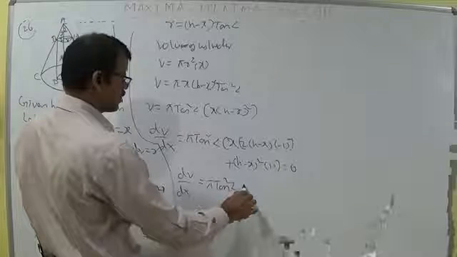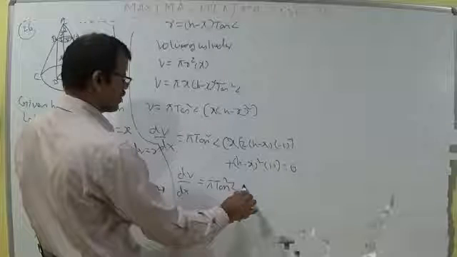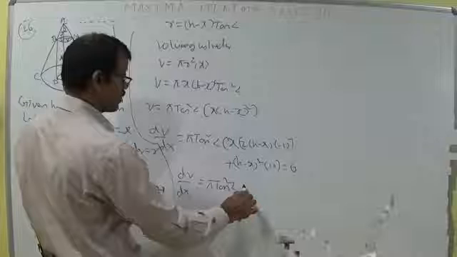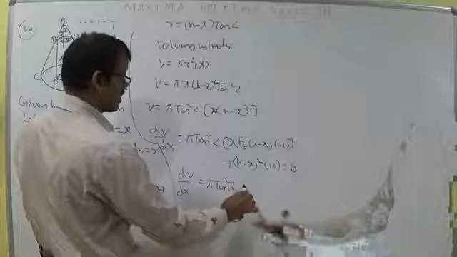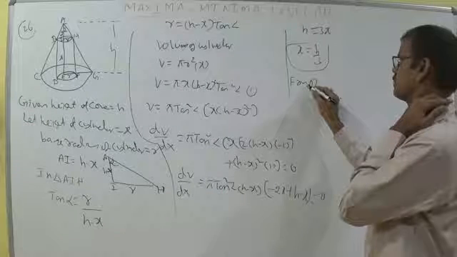V is equal to pi into h by 3 into h minus h by 3 whole square into tan square alpha. So V is equal to pi into 3h minus h, 2h by 3 whole square, 4h square by 9, and here you can write 9 into 3 is 27. I am writing here 4h cube by 27, tan square alpha.